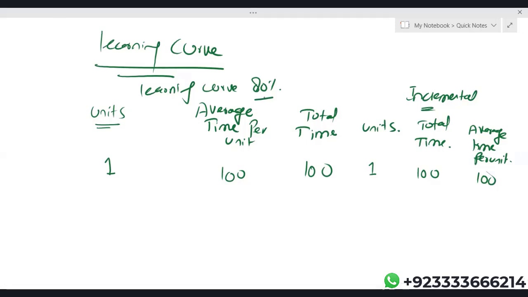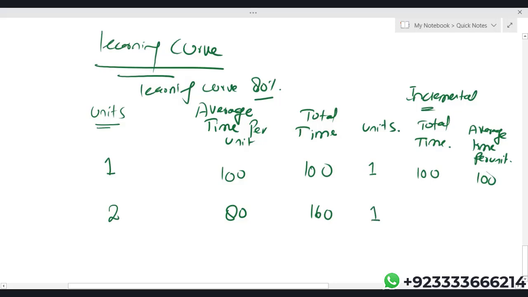So if now the individual produces 2 units, which is double the previous, then the learning curve will apply. 80% of 100, now on average, it takes 80 hours per unit. 2 multiplied by 80 is 160. How many incremental units is the individual producing? Initially 1 unit, now 2, so the additional unit is 1.